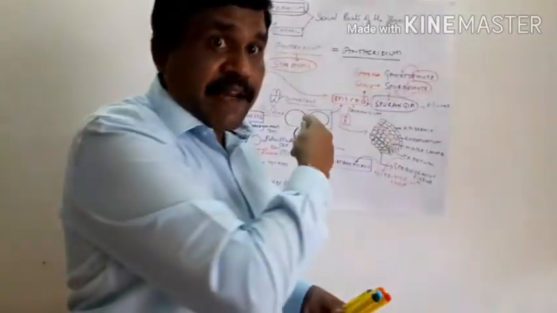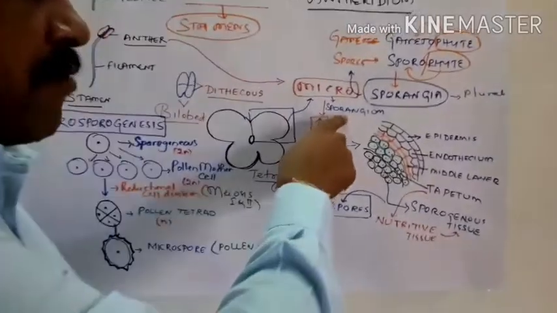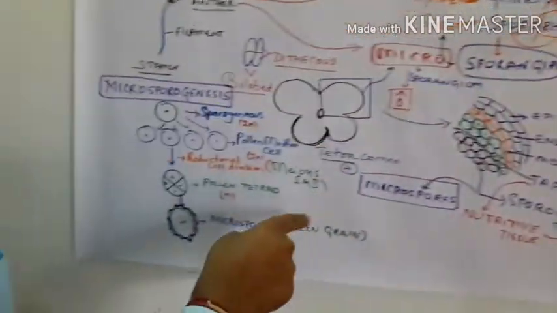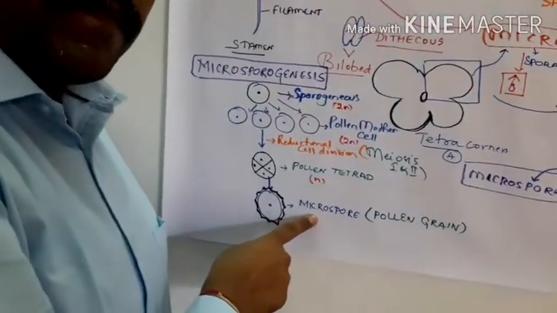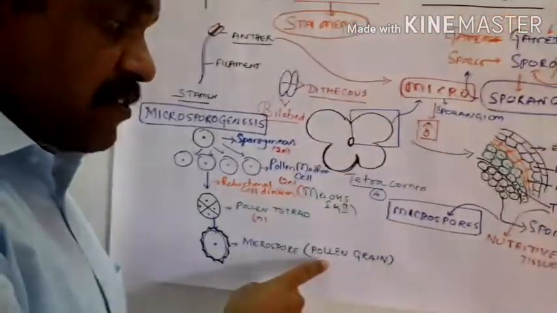Since we are talking about the male reproductive part in today's session, it is called a microsporangium, and the spores developed here are called microspores. In flowering plants, the microspore is otherwise called the pollen grain. Is it clear?